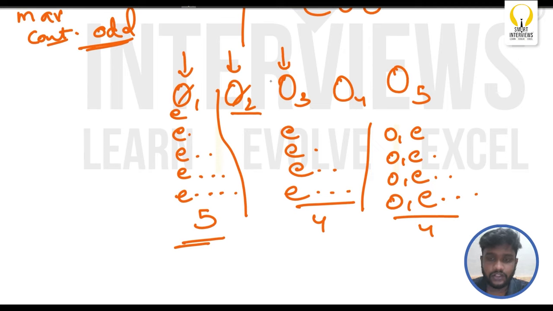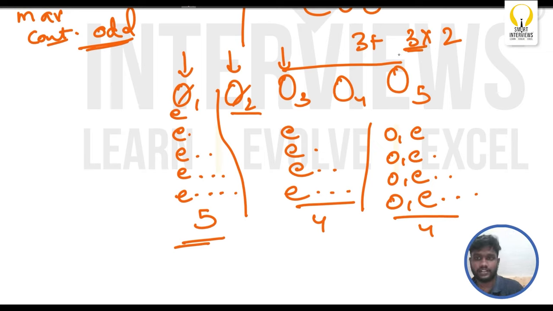Similarly, if we go with the third element, what will that be? 3 already starting with O3, plus 2 more starting with O1 and O2, which contain O3, which is nothing but the new even element. So in this case, it will be 9, right?